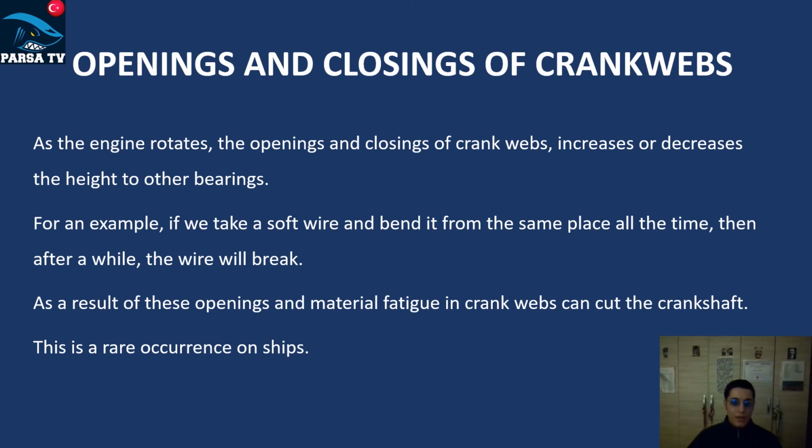For example, if we take a short wire and bend it at the same place repeatedly, then after a while the wire will break. As a result of these openings, material fatigue in crankwebs can cut the crankshaft. This is a rare occurrence on ships.